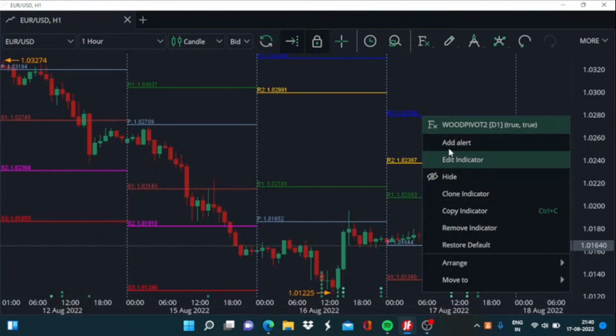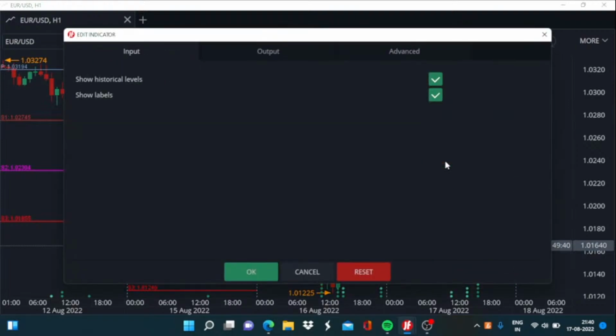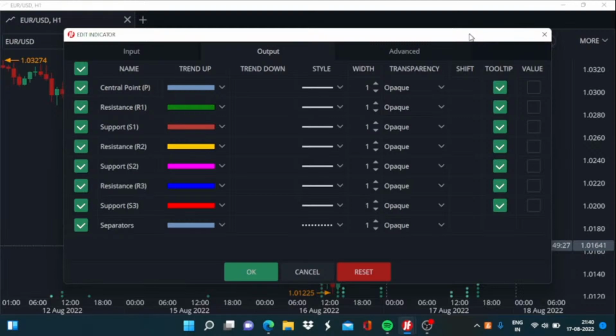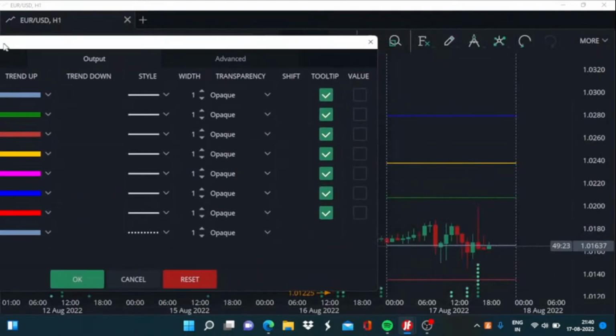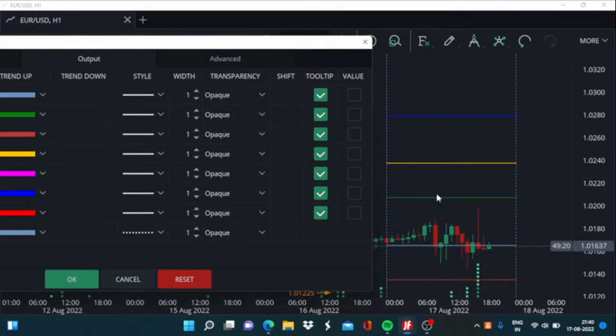Now let us see how we can customize this indicator to arrive at useful inferences to make informed trading decisions. So here I will now opt out of the show labels, and when we have the labels in place, it distinguishes which is the first support, second support, and third support.